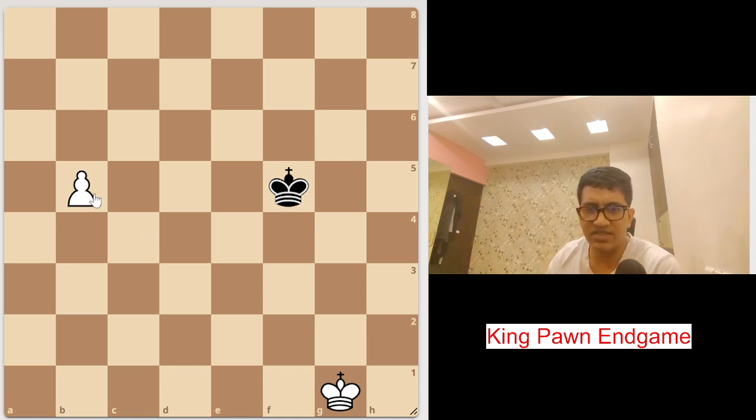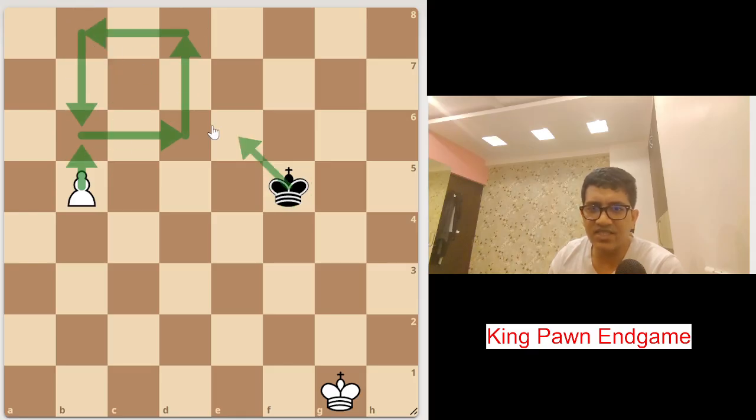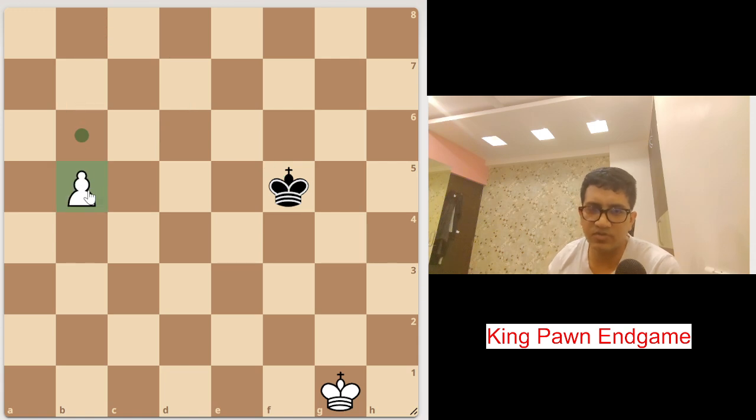Whenever you have an isolated pawn, you have to draw a virtual square. Like here, if you move your pawn, the pawn will reach here, then your virtual square looks like this. If the black king can penetrate into that square, then it can catch your pawn. If it can't, then it won't be able to catch it.